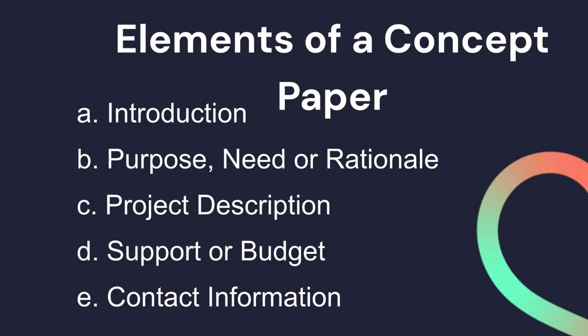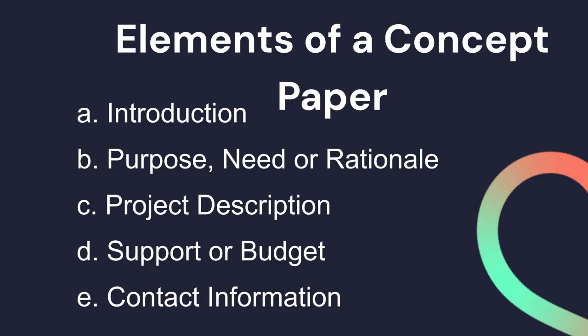In a concept paper, the support or budget refers to a basic estimate of how much money, materials, or help you will need to carry out your idea or project. You could include the estimated costs or how much the project will cost, the resources that you need, like materials, tools, or people involved.